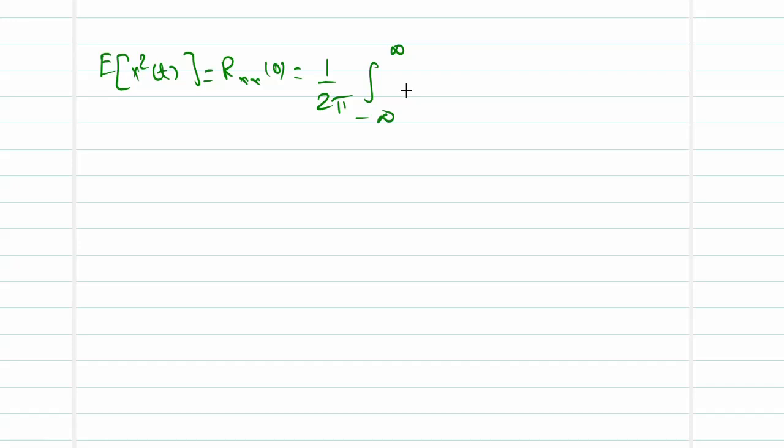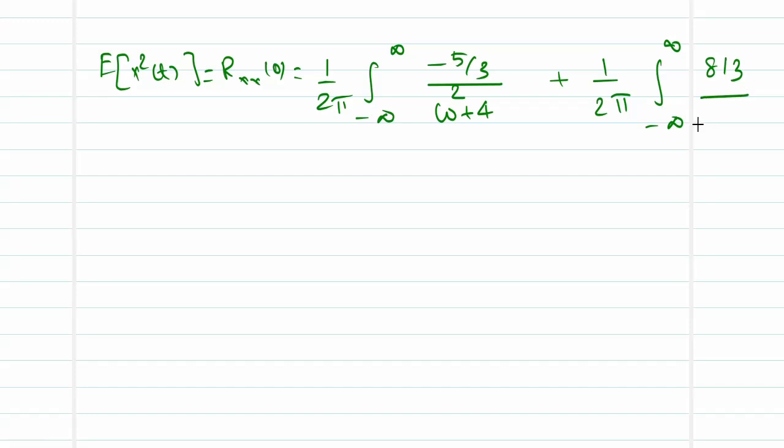The partial fraction has now been split as minus 5 by 3 divided by omega square plus 4, plus 1 divided by 2 pi integral from minus infinity to infinity of 8 by 3 divided by omega square plus 1 into d omega. Now I am going to use my type 2 to solve the problem. What is going to be my type 2? So we will go and see that.